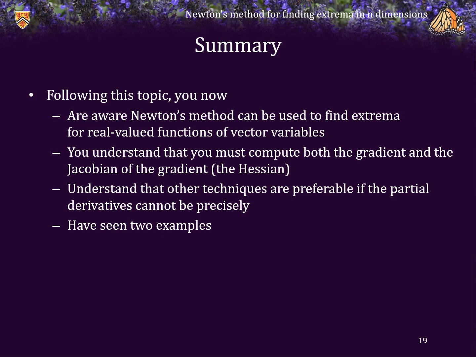Finally, you saw two examples. In the one case where it was a quadratic, then actually only one step was required. However, in the second case, a number of steps very quickly brought us to the solution. And if you noticed, you also saw that the rate of the convergence was order h squared.